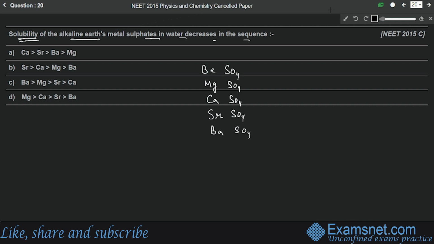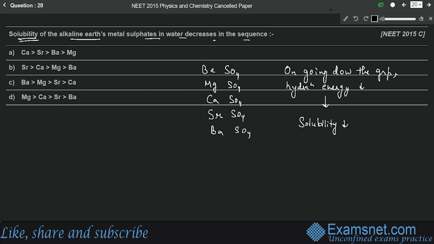Now all these have almost same lattice energy, but their hydration energy is different. What happens? Hydration energy decreases on going down the group. Let's write it down here. On going down the group, hydration energy decreases, and due to decrease in hydration energy, the solubility will also decrease on moving down the group.